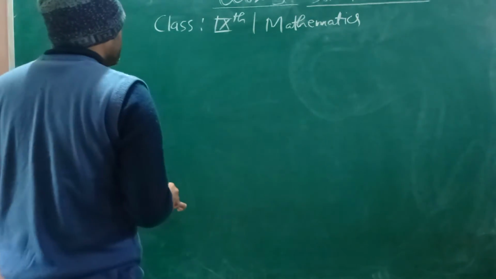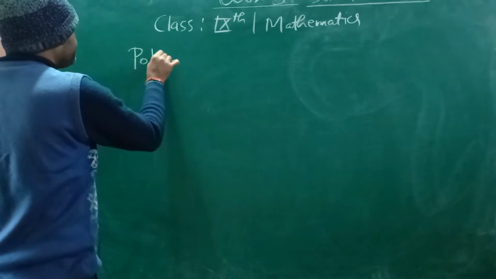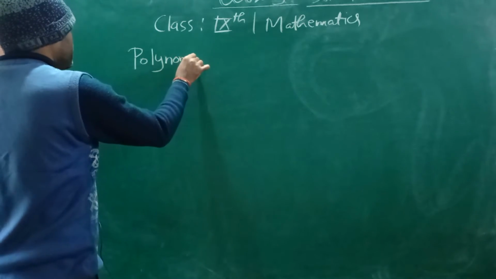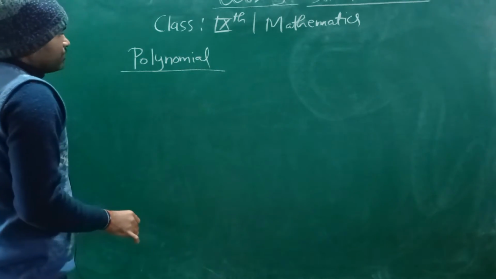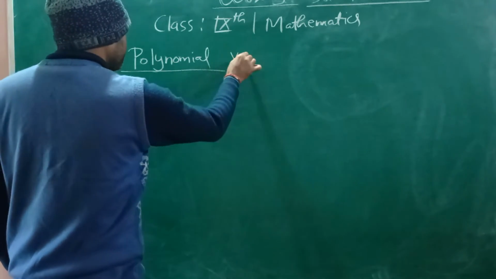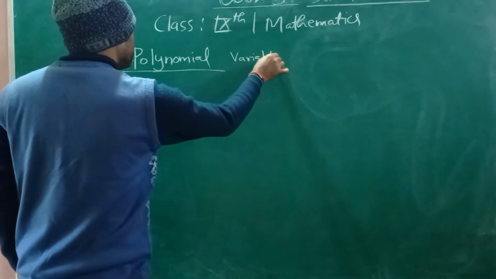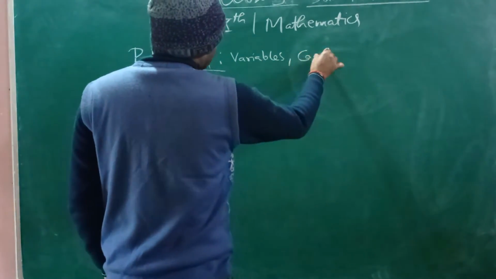So, students, you basically know what we mean by a polynomial. A polynomial has variables along with their coefficients.